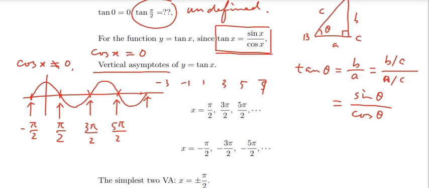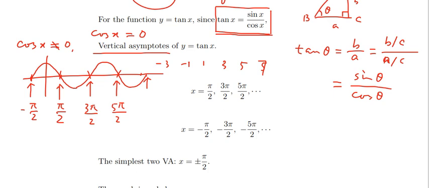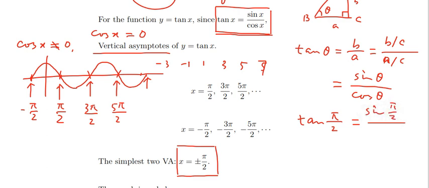From those asymptotes, we just pick two simple ones: x equals pi over 2 or negative pi over 2. Because cosine pi over 2 equals 0, tangent pi over 2 equals sine pi over 2 over cosine pi over 2.